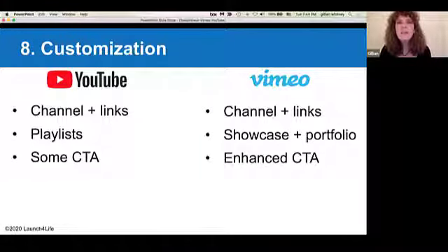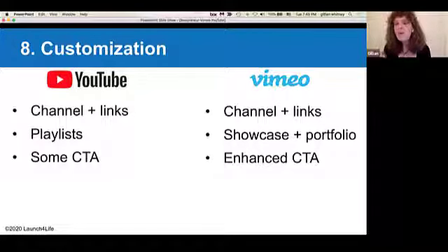So then in terms of customization, both YouTube and Vimeo, if we go back and remember what it looked like when I walked you through both, they both look like your own little channel, and they can have links to social media and your website and different things. YouTube has playlists. Remember, I showed you how you can take a bunch of videos and group them together.